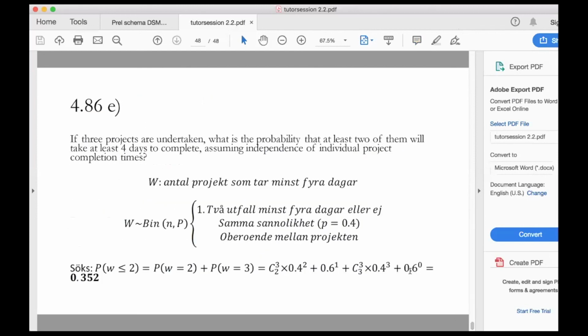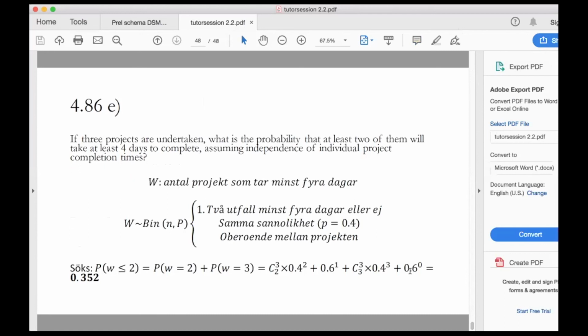If not, tell me. So the event W, we define it as the number of projects that will take at least 4 days to complete. And since we assume independence of individual project completion times, then we use a binomial distribution.